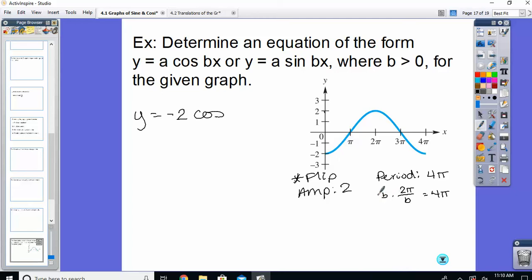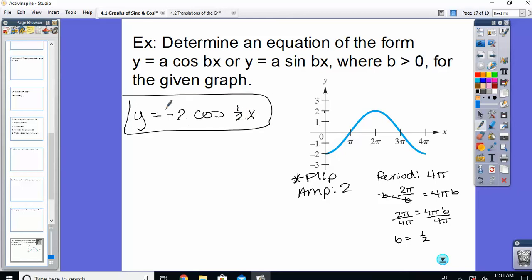So if I want to solve for b, we would multiply it over. Divide by 4 pi. And we get 1/2. So that has to be the coefficient of x. So my equation is y equals -2 cosine of 1/2 x.